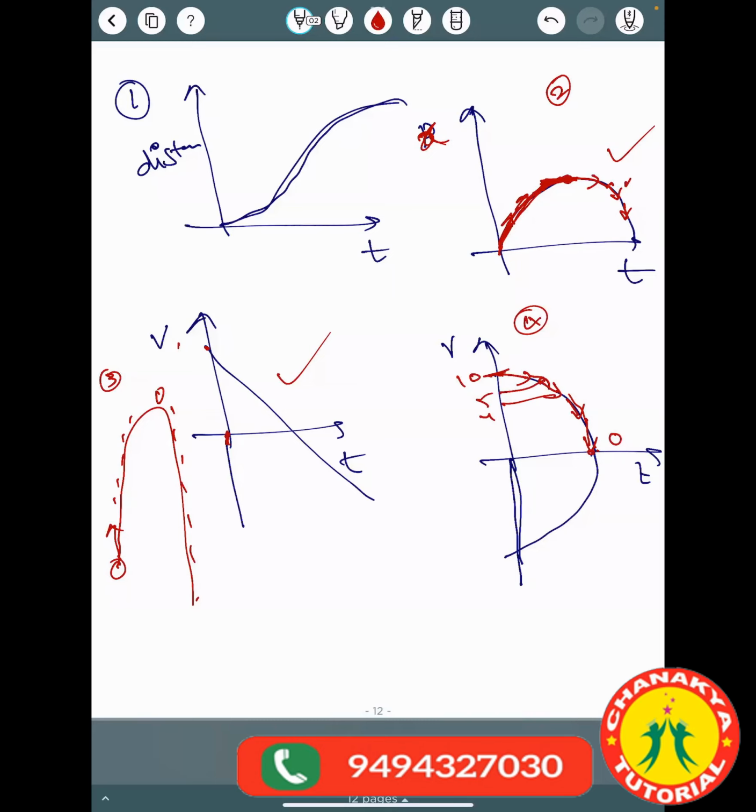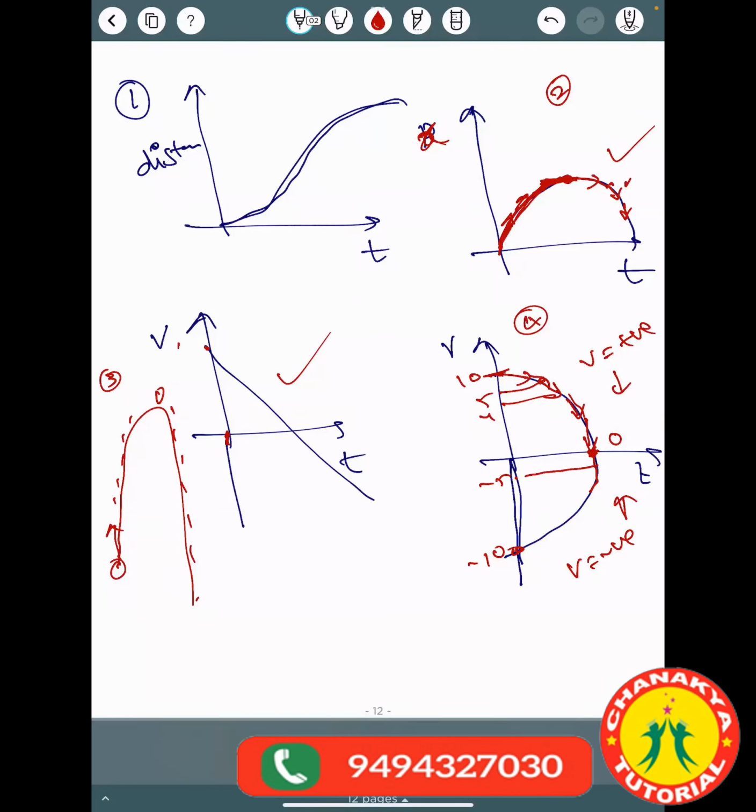Then what happened? 0, right? Then it was -5, let's say, then finally it reaches some -10. Now here the velocity is negative. Here the velocity is positive. Here the velocity was decreasing. Here the velocity is increasing.